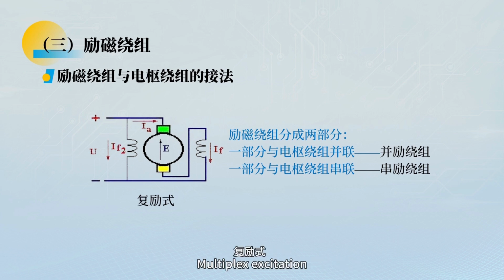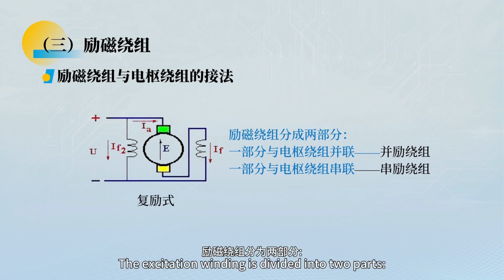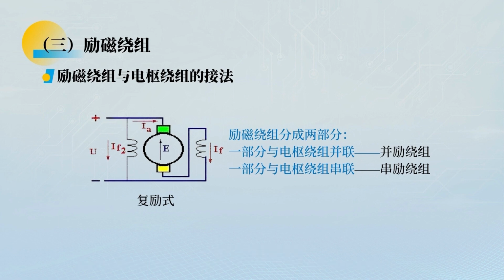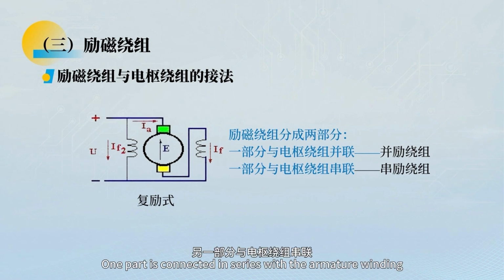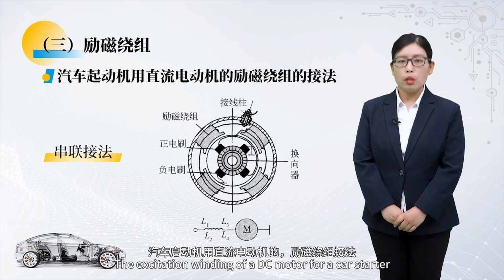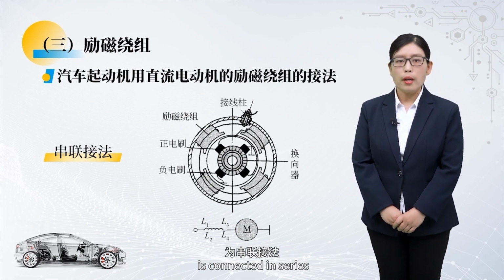Multiplex excitation. The excitation winding is divided into two parts. One part is connected in parallel with the armature winding, called shunt winding. The other part is connected in series with the armature winding, called series winding. The excitation winding of a DC motor for a car starter is connected in series.